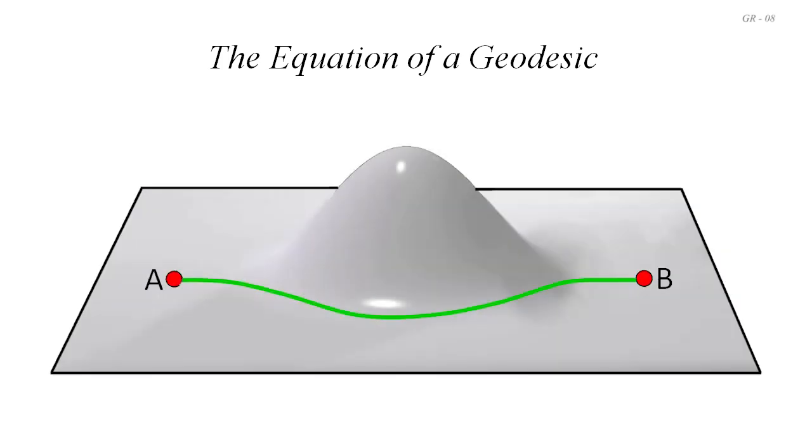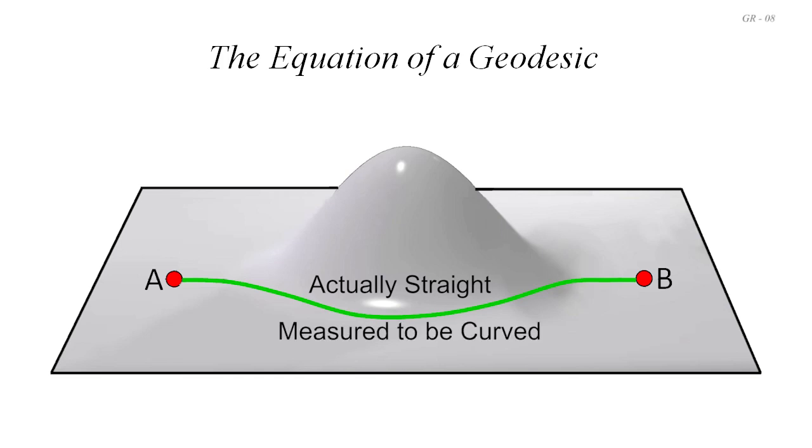So here goes. If you recall, we said earlier that in order for a trajectory to be a geodesic, it must travel along the actual straightest possible path from one point to another, even when the space that it's travelling through is curved and the system of measurement, the metric, is curvilinear. The geodesic is straight, and yet it may be measured to be curved.